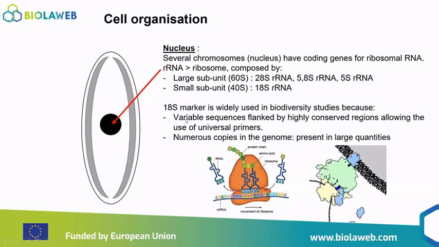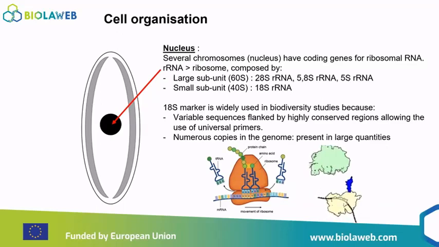And so the 18S is what Clarisse told you about just before. It's a marker which is widely used in biodiversity studies because you have variable regions. You remember this graph with the entropy. You have some variable regions which are flanked by very highly conserved regions where you can put your primers, which enables you to make the PCR.